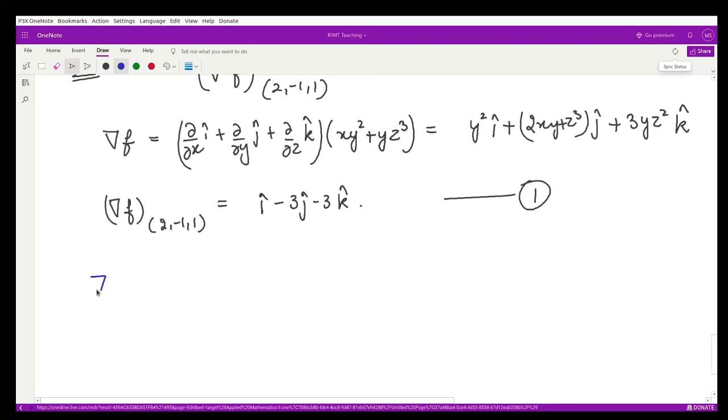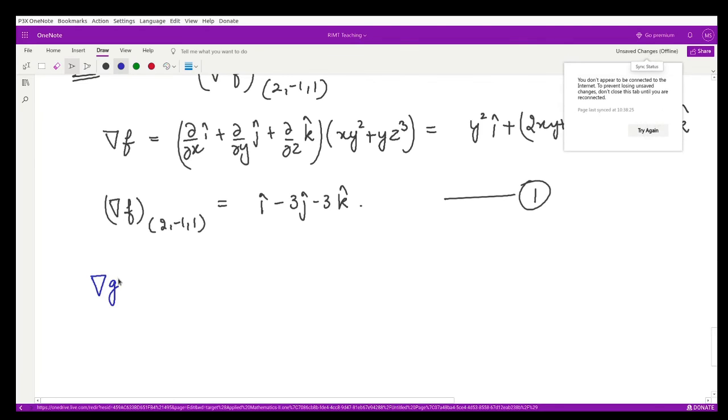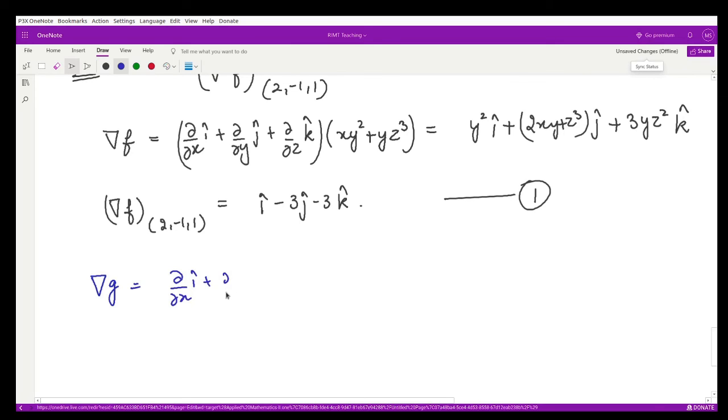So if I calculate the gradient of G, that means you are calculating del by del x i cap plus del by del y j cap plus del by del z k cap. This operator you are applying onto the given surface x log of z minus y square.